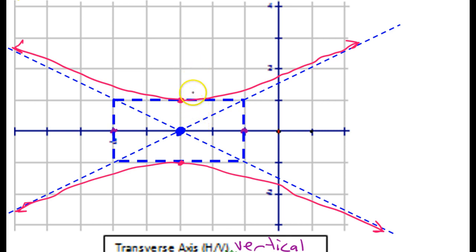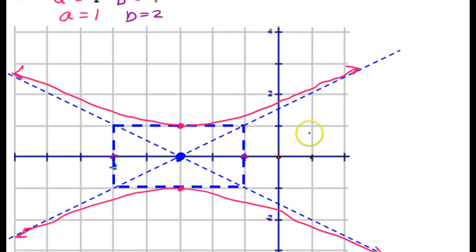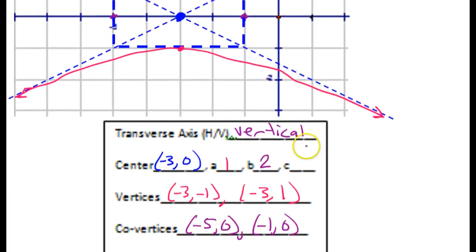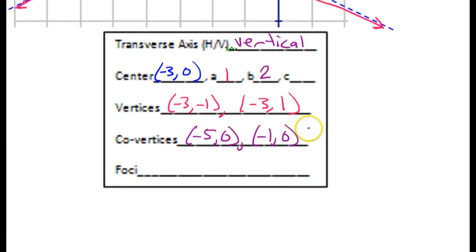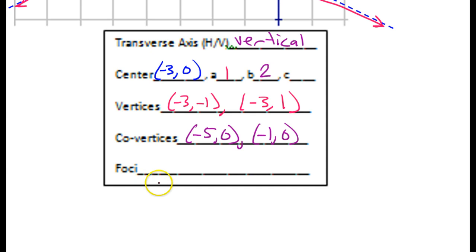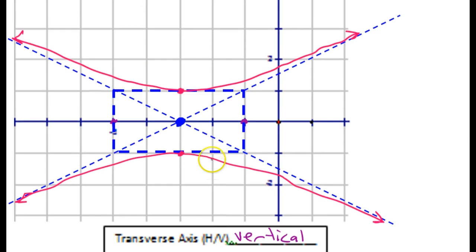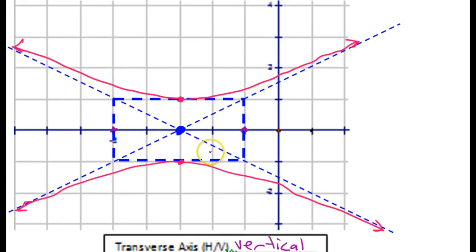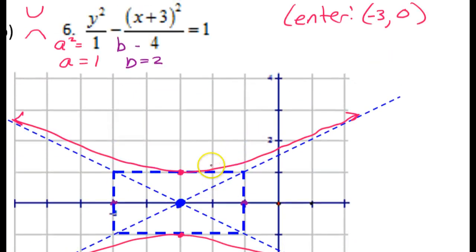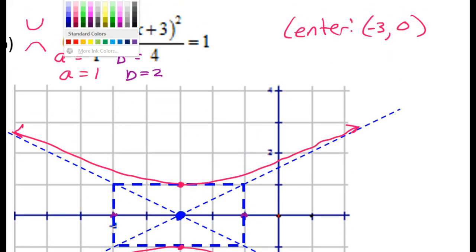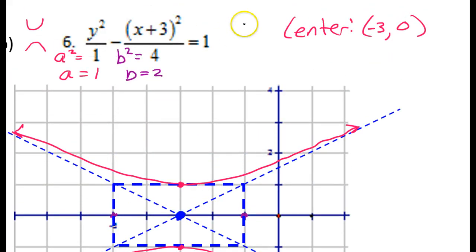Now I'm going to go ahead and find the foci. To do that, I will need the c value. And you know what? I'm going to also write the equation of the asymptotes, even though they didn't ask me for that. So for the foci, I know that the relationship is c squared is equal to a squared plus b squared for hyperbolas.